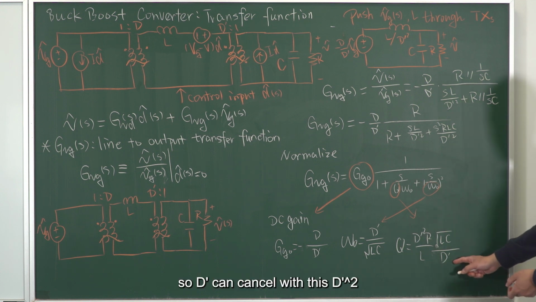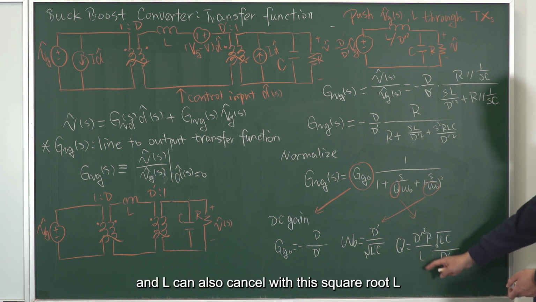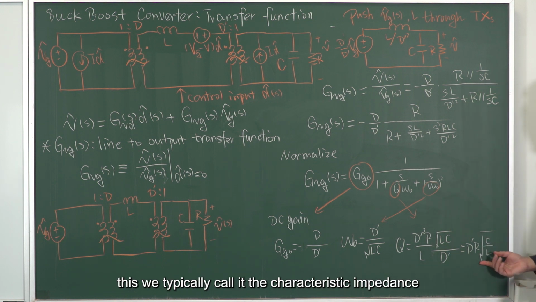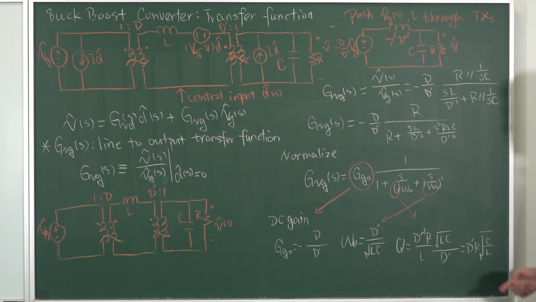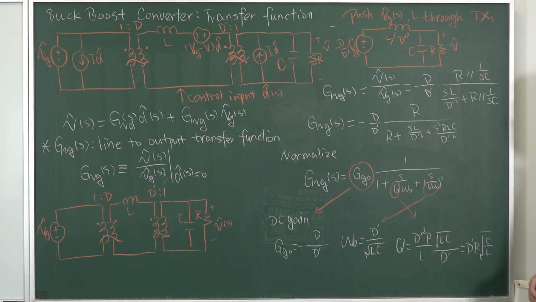So d prime can cancel with this d prime square. And L can also cancel with this square root L. So this will be equal to d prime R square root C over L. This we typically call the characteristic impedance. Okay, now let's erase the blackboard.